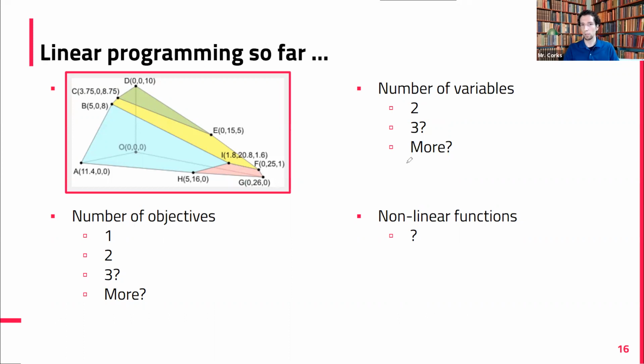If there were 4 variables, 5 variables, 6 variables, what would happen? What would need to happen? Yeah, 4 variables would require a 4-dimensional graph. Our human brains cannot visualize or conceptualize a 4-dimensional graph. Well, I can't, at least.